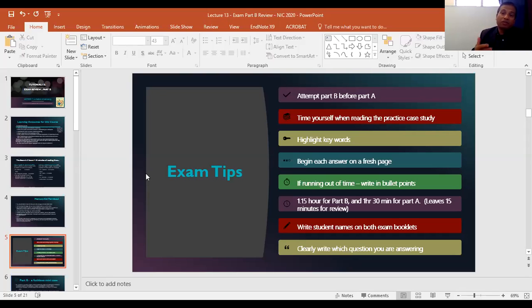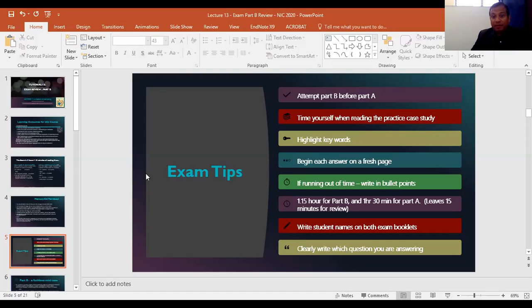Whenever you are attempting question 1A and 1B, start 1A from the top, and for part B, again start from the top of the next page. It's better for me. It will provide more clarity.